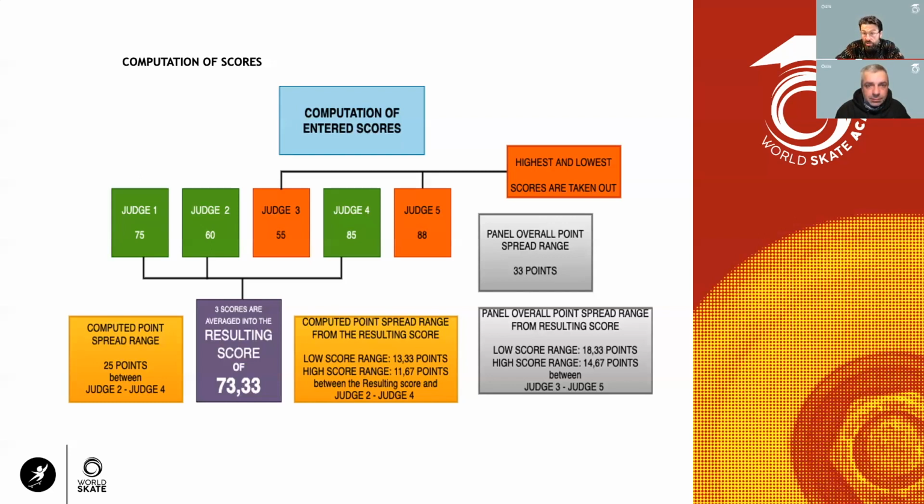That's the final score that the athlete is going to get on the big screen. Now, when you look at judge three and judge five, the difference between their scores, between the 55 and 88, is 33 points. It's a big amplitude, a big difference.